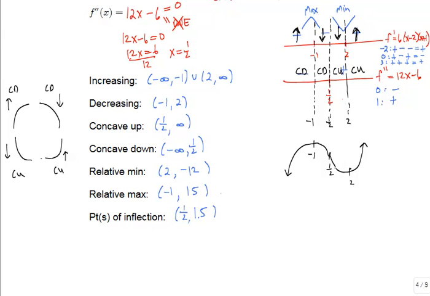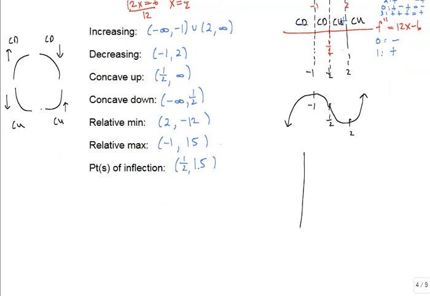The only thing we need to do now is place it correctly on our grid. So what I'm going to do is make my graph, and I'm going to plot all of my key points, which would be my mins, my maxes, and my points of inflection. And if we need to, we may not need to, but we could also put in some intercepts and any other additional points that we find necessary.